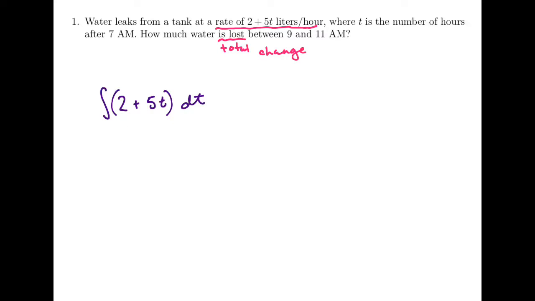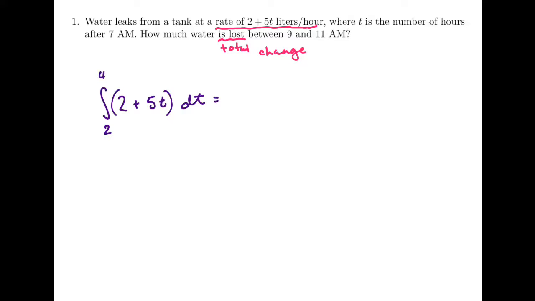You might be tempted to write 9 and 11 as your limits of integration. But t is the number of hours after 7 a.m. So instead, 9 is 2 hours after 7, and 11 is 4 hours after 7. So our limits of integration are 2 and 4.